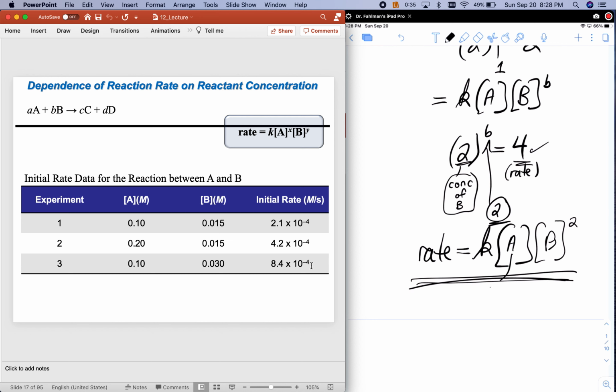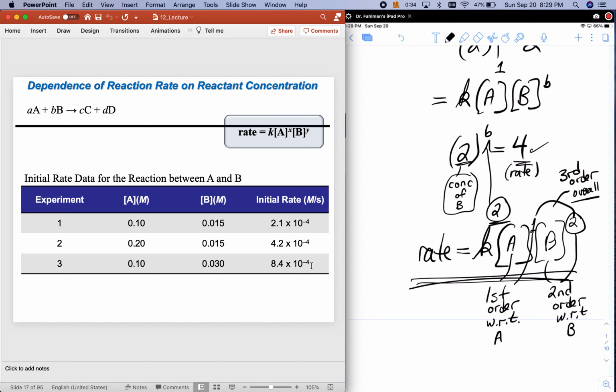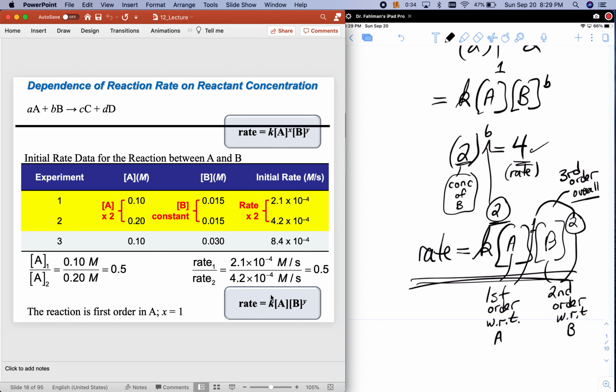We would say it's first order with respect to A, and second order with respect to B, just because it's a 2 there, so that's second order, and 1 means first order. If you add these up, it's third order overall. We'll get to that again on Wednesday and talk about what that really means.